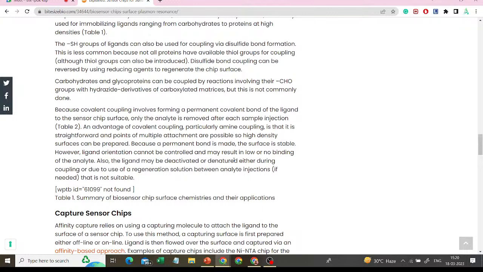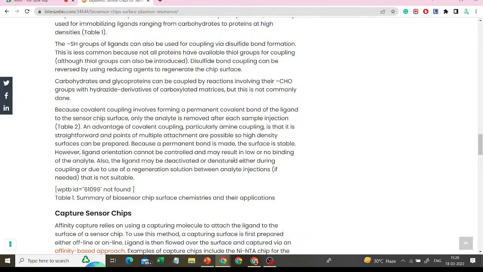Not all proteins have available thiol groups for coupling. Disulfide bond coupling can be reversed by using reducing agents to regenerate the chip surface. So if you use disulfide bond coupling, it can easily be reversed by reducing it to SH groups, and then the chip can be used again.